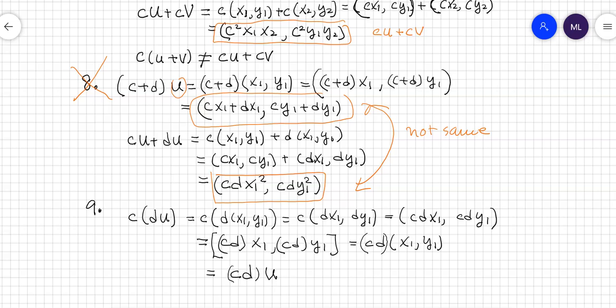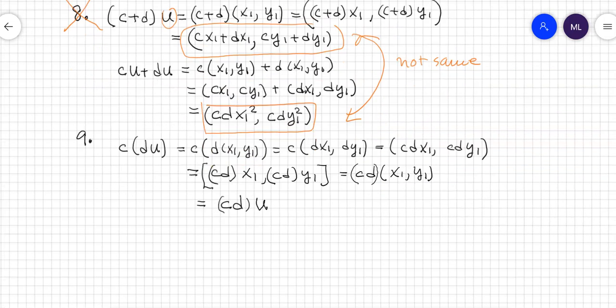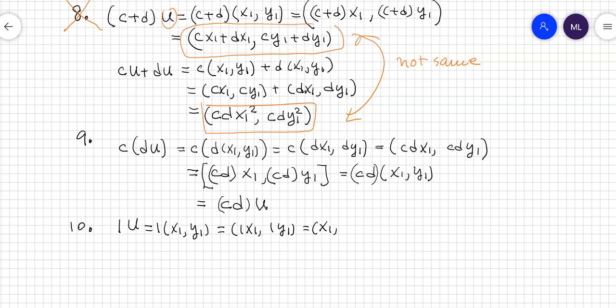So 9 is satisfied, 9 is okay. And number 10 is simply 1 times u, which is 1 times (x1, y1), which is (1x1, 1y1), which is (x1, y1), which is u.